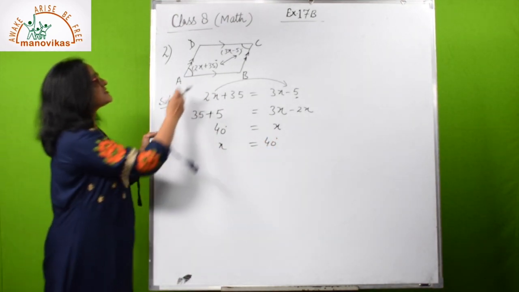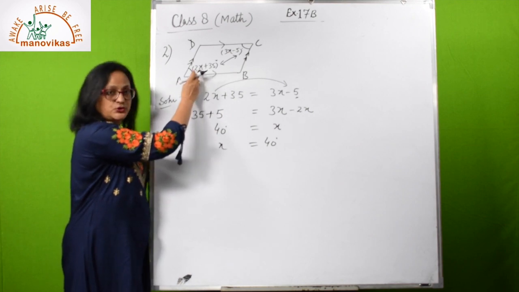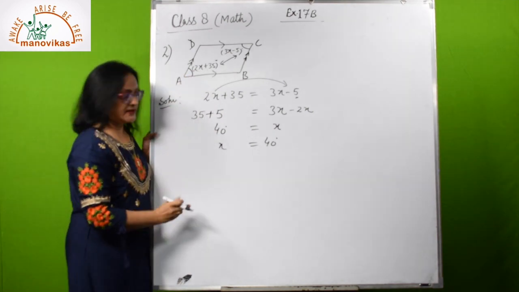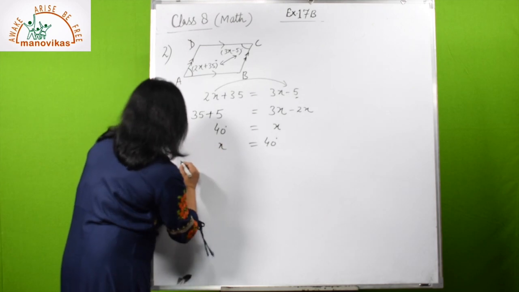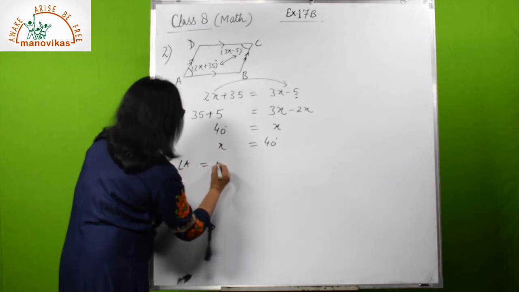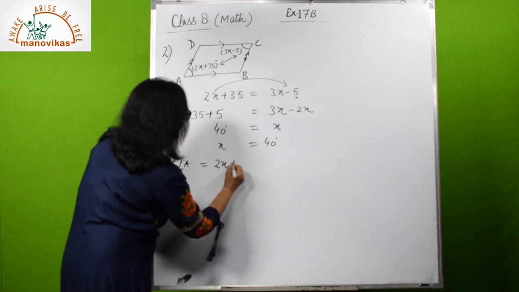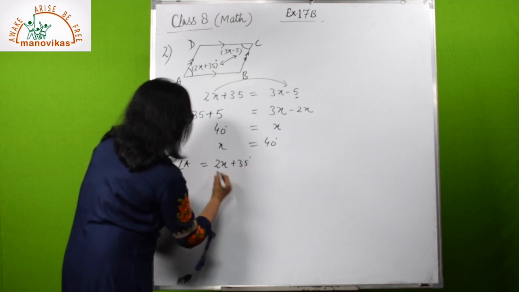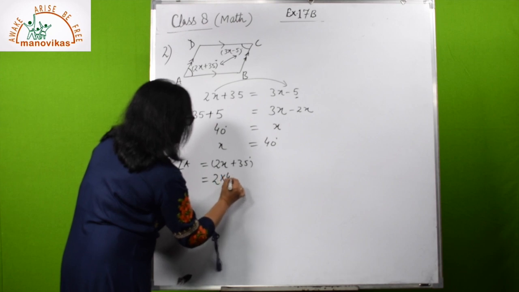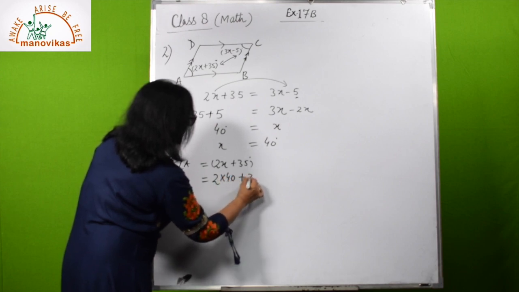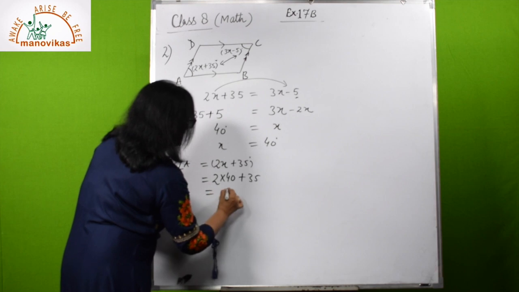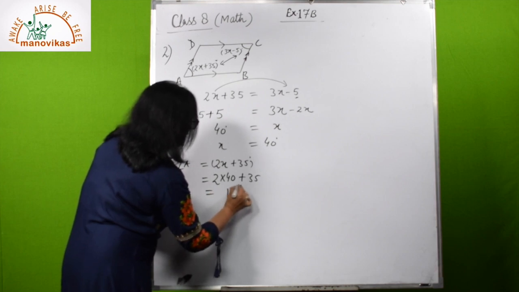Now if you put this value of x here, you will get the measure of angle A. Let's substitute the value. So angle A is equal to 2x plus 35 and x is equal to 40. So 2 into 40 plus 35 is equal to 115 degree.